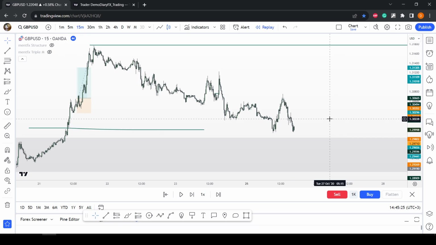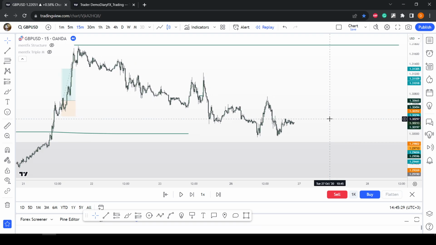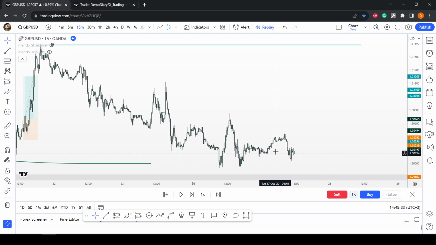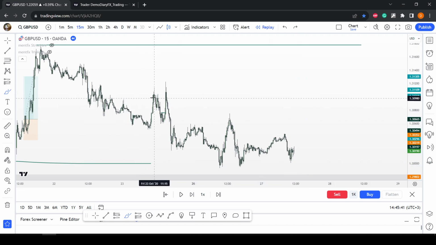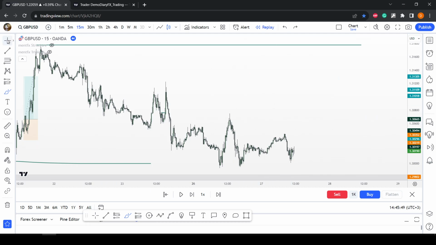Now it can look more like accumulation. And you see it becomes more wicky, more unclear, more random. These are signs of accumulation. And you see it's becoming more horizontal. It's not moving up like this. It has already started to be more horizontal.